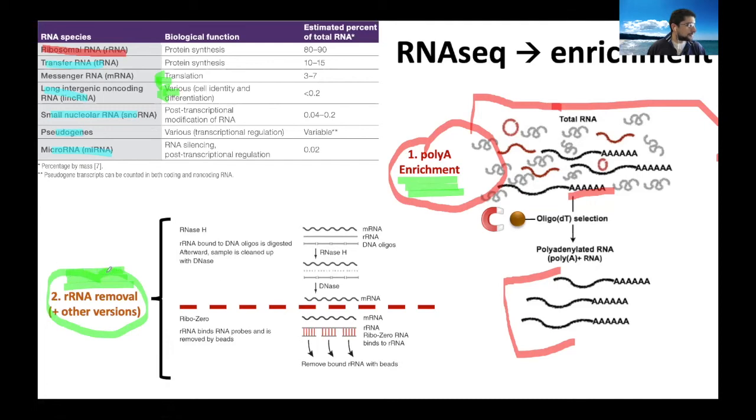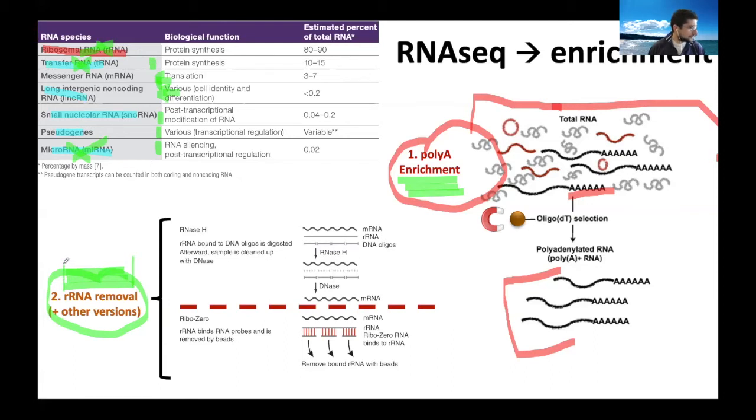So I'm treating my total RNA with some reagents that deplete the ribosomal RNA from the total RNA. In this case, I'm not enriching for messenger RNA and long non-coding RNA, I'm just getting rid of the ribosomal RNA. So I will still have tRNAs, snoRNAs, pseudogenes, and microRNAs in my solution, although both microRNAs and transfer RNAs will not be incorporated into the library preparation because of the steps that we're going to do next.